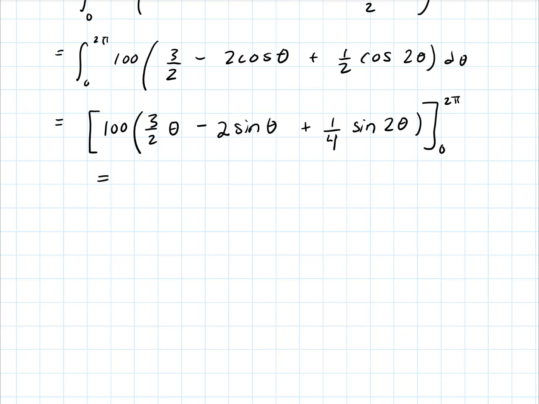When we actually plug that in, we end up with 100 times 3 halves times 2 pi. The rest actually zeroes out, plugging in the 2 pi. And of course, when we plug in 0, that zeroes out as well. And so our answer here is actually 300, 150 times 2 pi, or 300 pi.